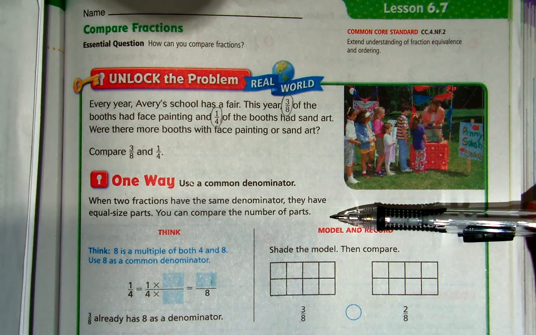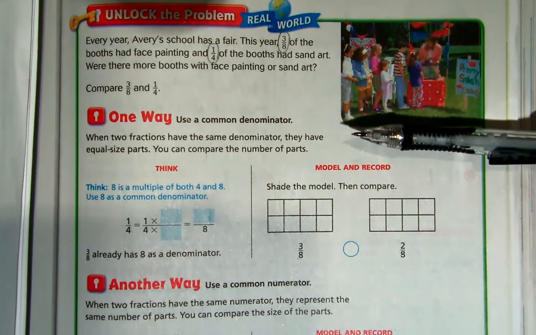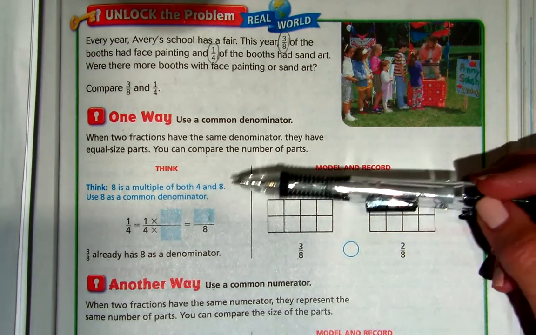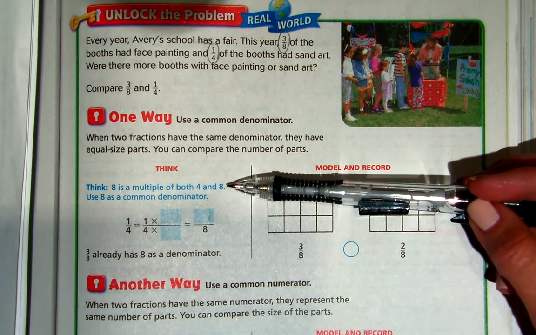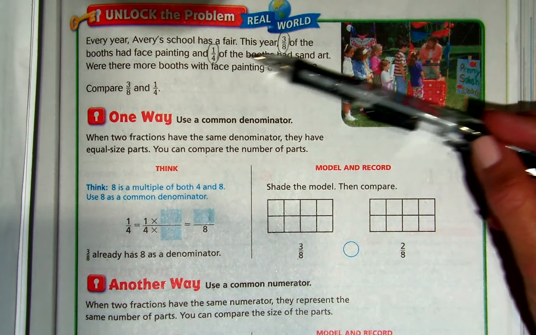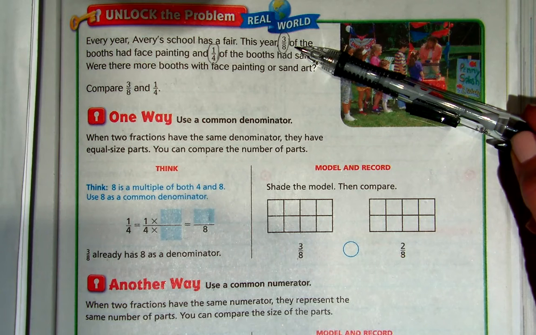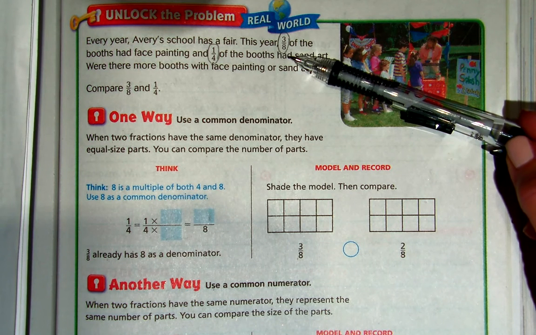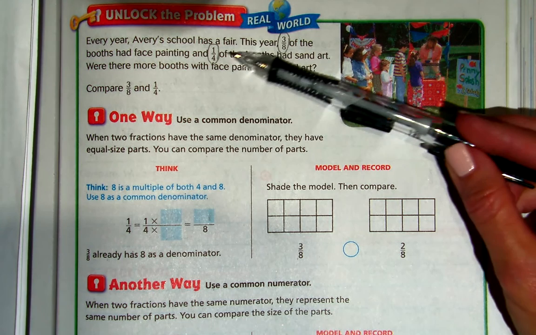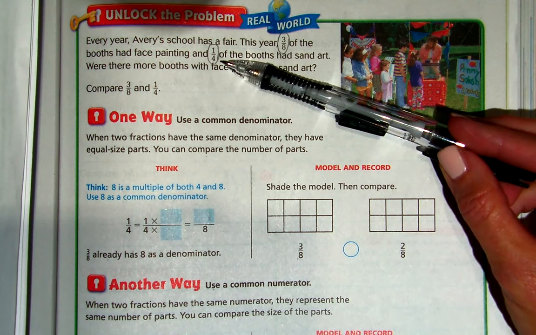In this problem, 8 is a multiple of both 4 and 8, and 3/8 already has 8 as a denominator. So if we can change 1/4 to have a denominator of 8, then we can make comparing those two fractions much easier.